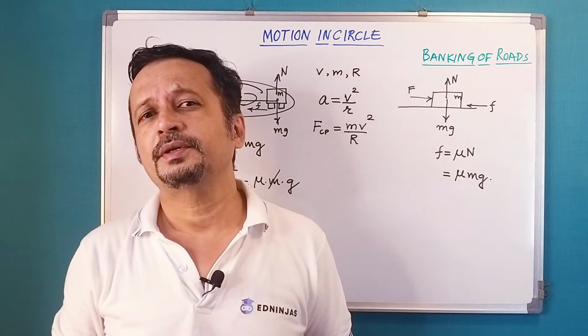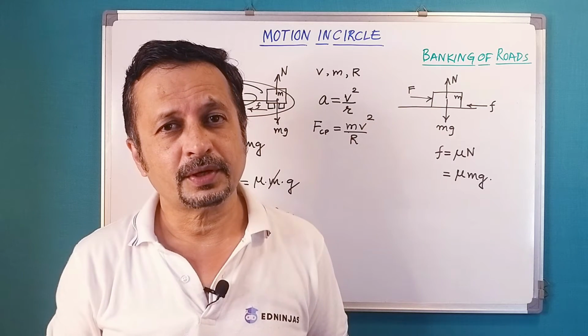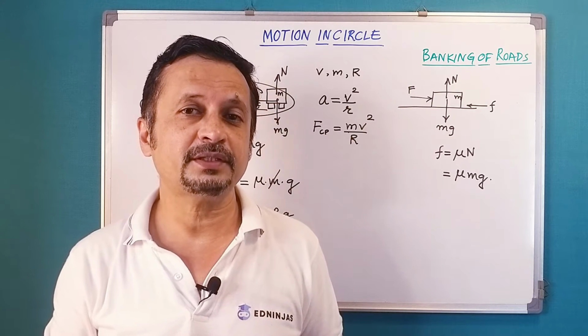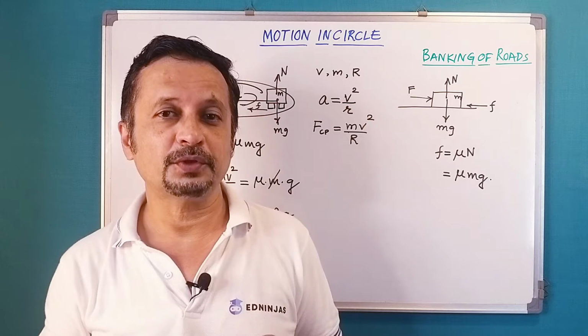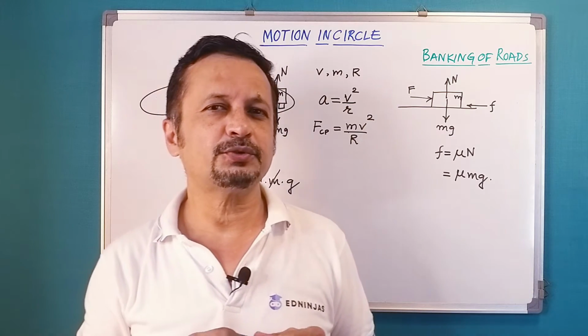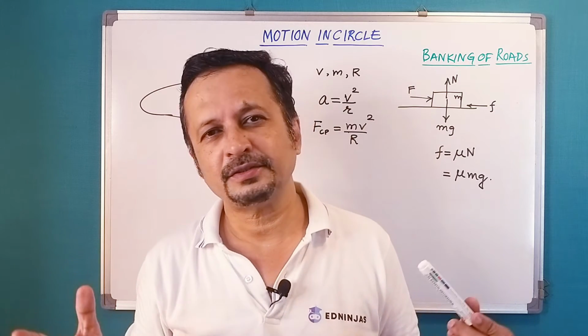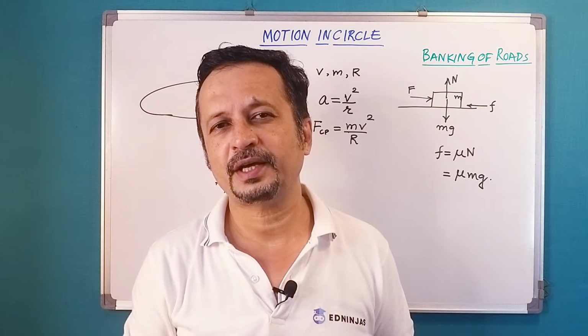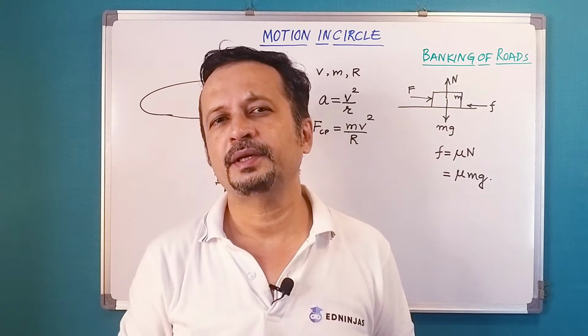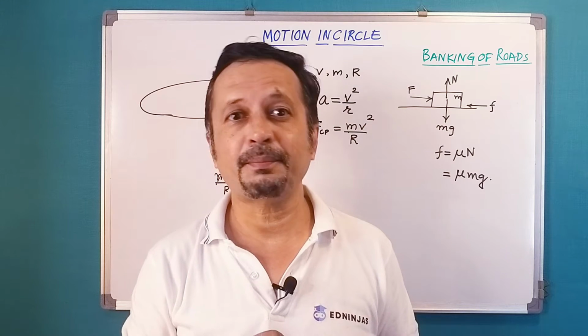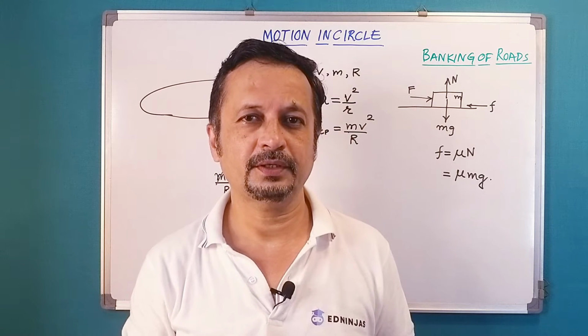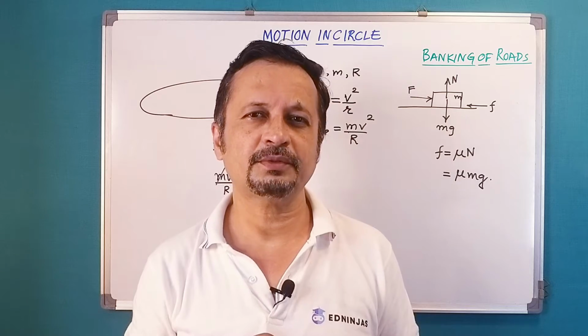What about monsoon, when the road is wet? The value of mu, the coefficient of friction, is going to reduce. In different conditions, this mu is going to be different, and then this would not be really a dependable proposition, isn't it? So there has to be something more.